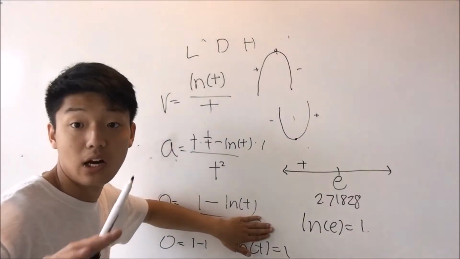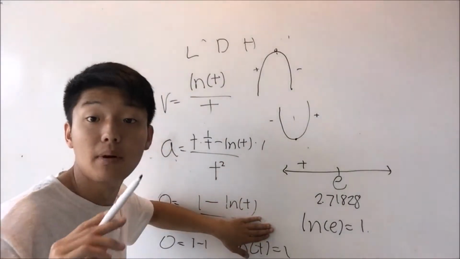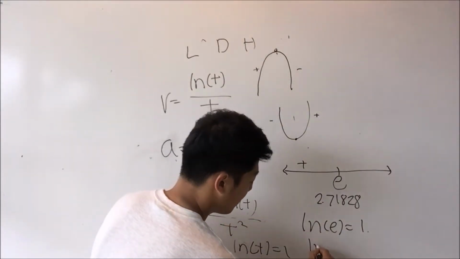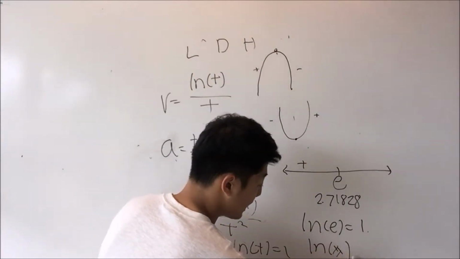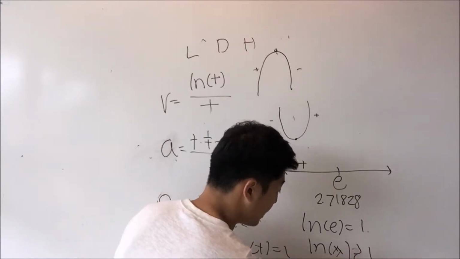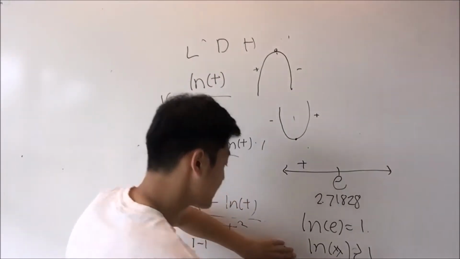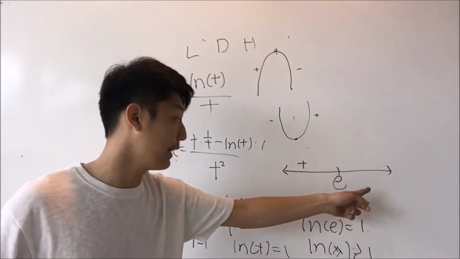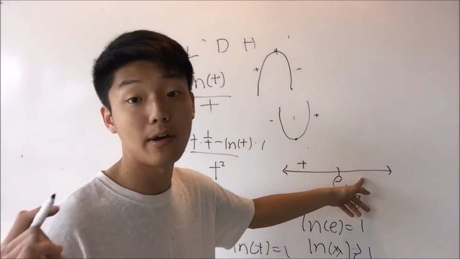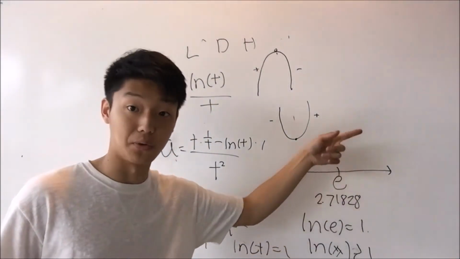Always remember, if we plug in a number that is greater than e, then ln of that number is greater than 1. So if I plug in, for example, 3 or 4, you can check right now with a calculator, it will always be greater than e. If the inside function is greater than e, the ln is always greater than 1.